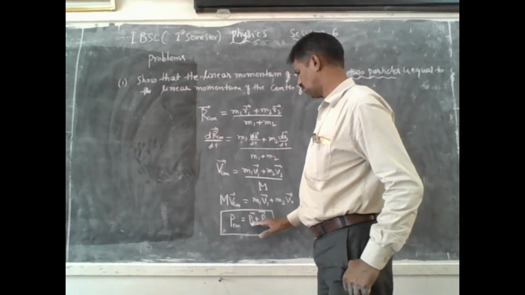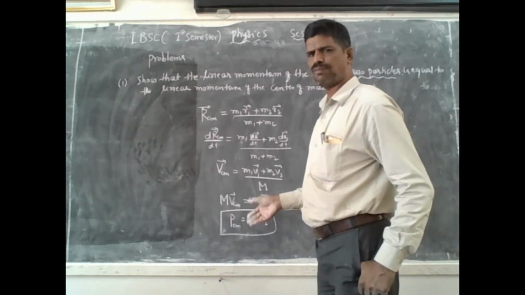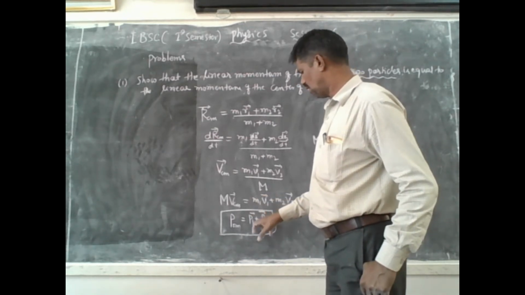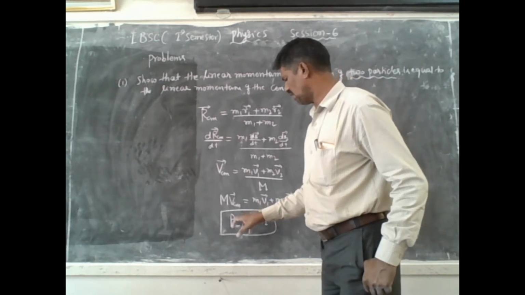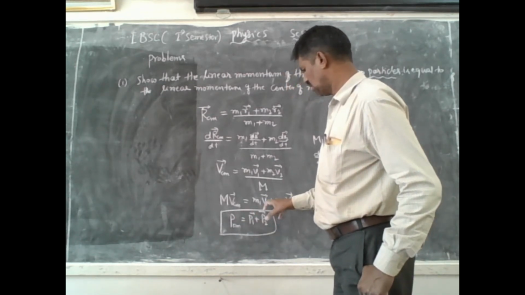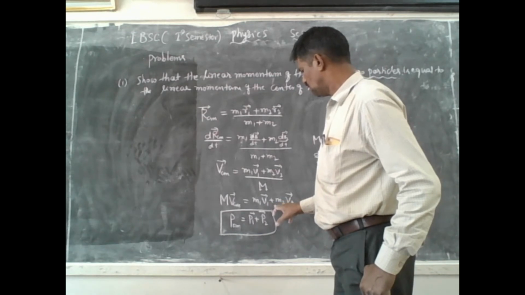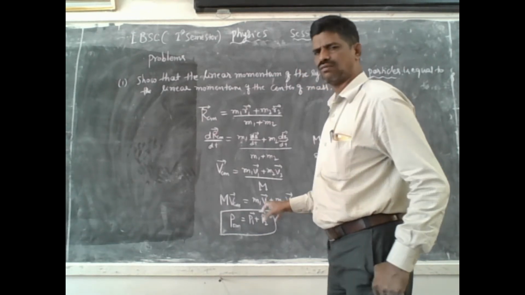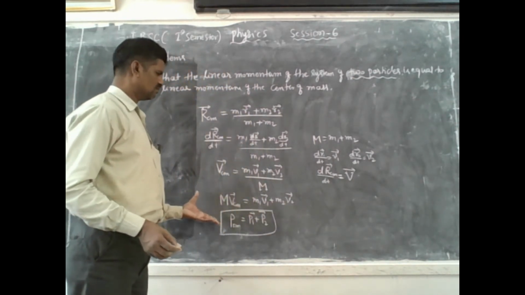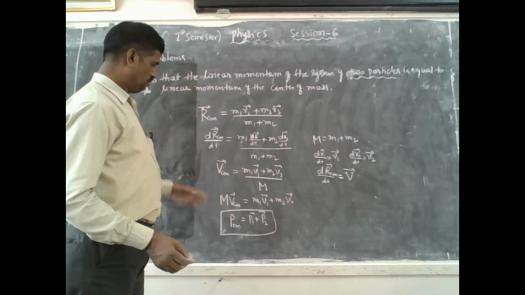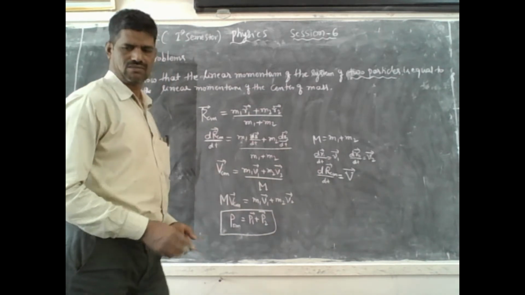Here m1 and m2 are the two individual particles. Therefore the total linear momentum is equal to the momenta of the individual particles. So this is the answer, isn't it?